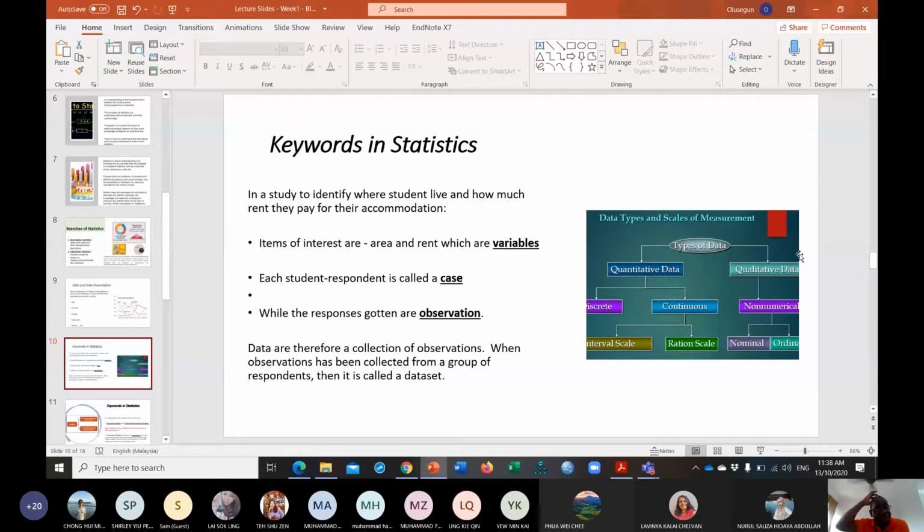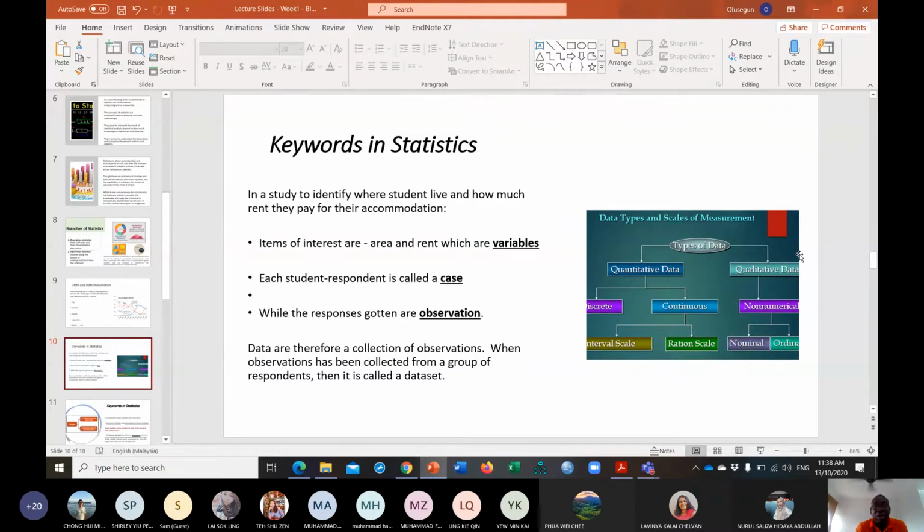So here, from this introduction, let's look at what are the keywords that we have mentioned. We have mentioned variables or data. We have mentioned case. We need to mention the responses. So here, I'm trying to identify the keywords that can come up in statistics as we go on.